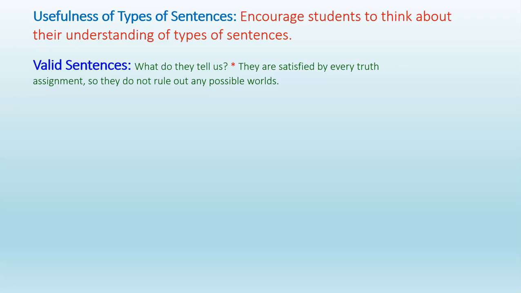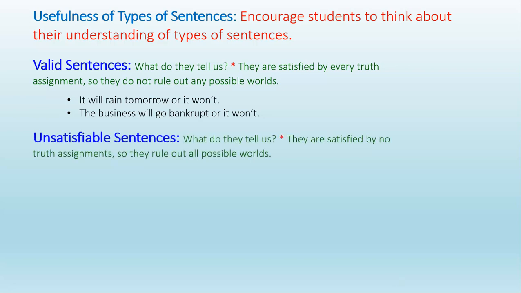But valid sentences are always true, so they don't rule anything out. These are the kind of sentences you might say to somebody like, it will rain tomorrow or it won't. Or the business will go bankrupt or it won't. Those sentences don't really provide us much information because although they are true sentences, they are kind of unsatisfying. They give us no satisfaction in the sense that they don't help us to rule out any possible outcome worlds.